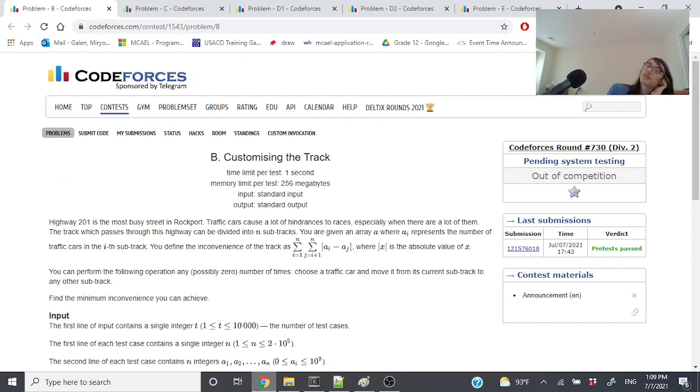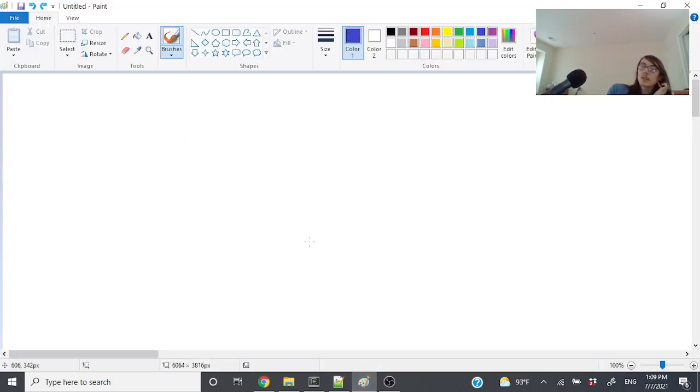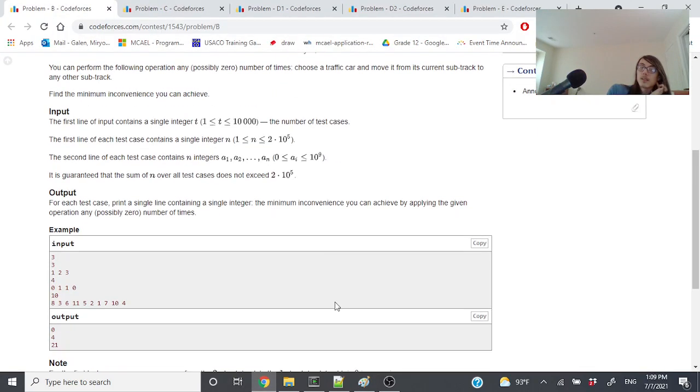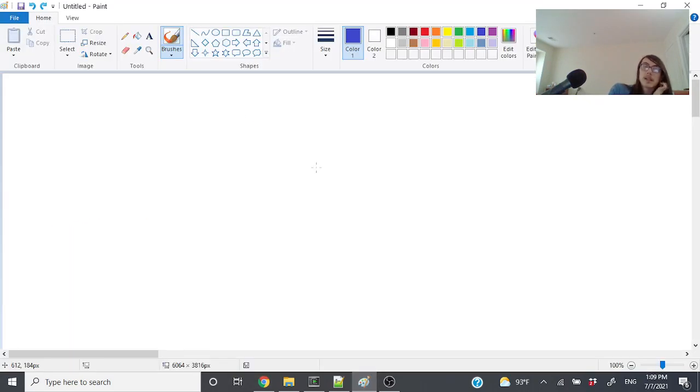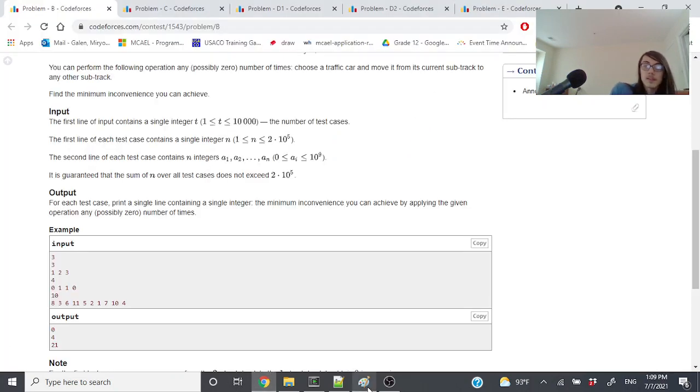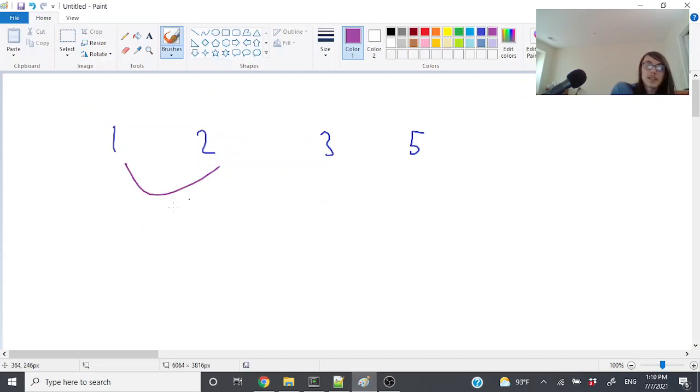Alright, B is going to be fun to prove. I don't know, it's kind of annoying to prove. Essentially, we have some values like 1, 2, 3, 5, and they're not necessarily sorted, but whatever. So basically, the cost of this value is, for each pair, we take the absolute difference.